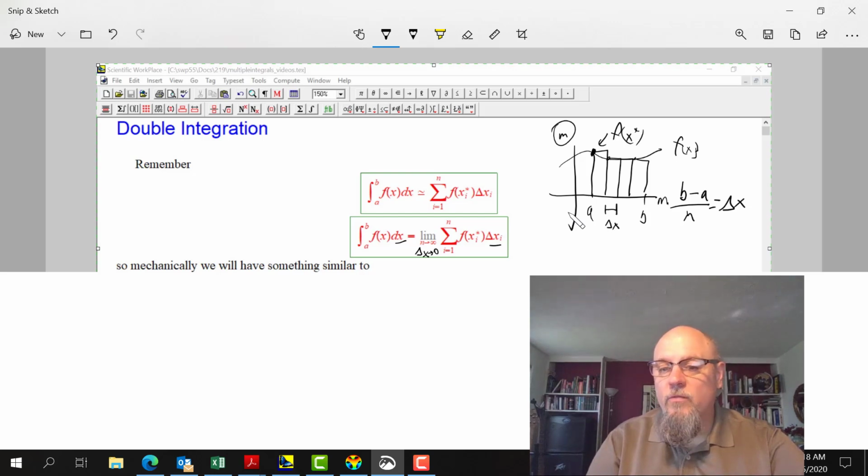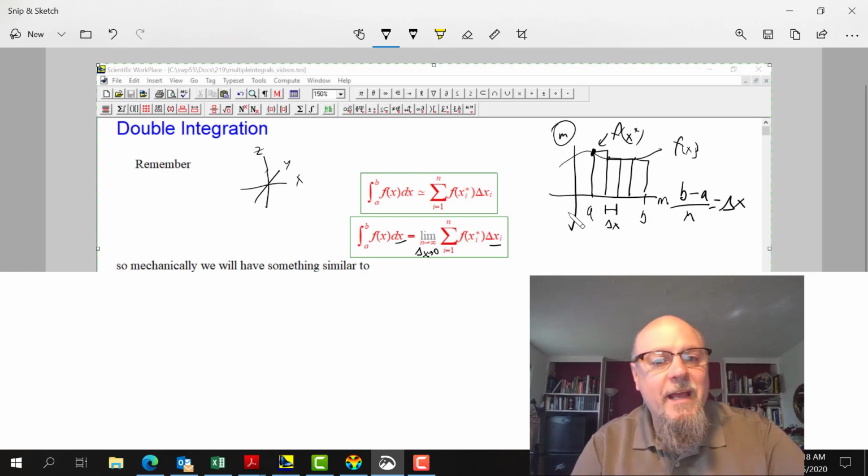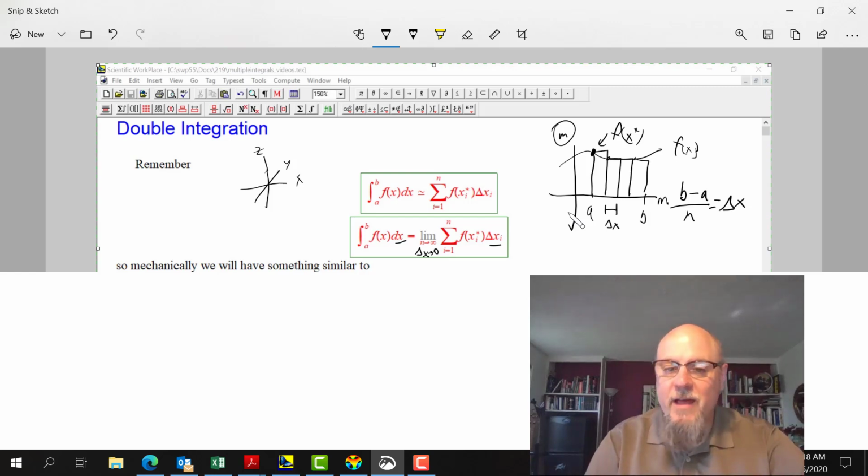We integrate over a length, a height over a length, and it's like multiplying them. When we do double integration, I'm trying to draw in 3D here, so we have a height over an x and a y, meters, meters, meters. We're getting a volume under a surface.